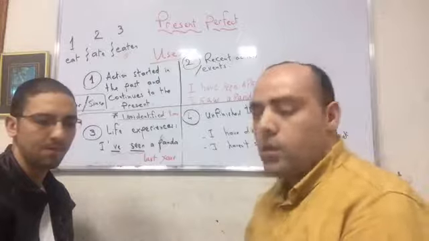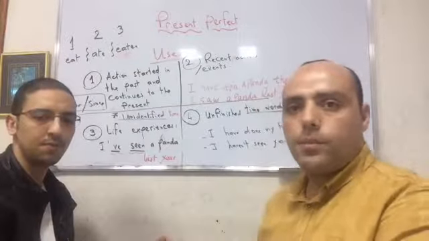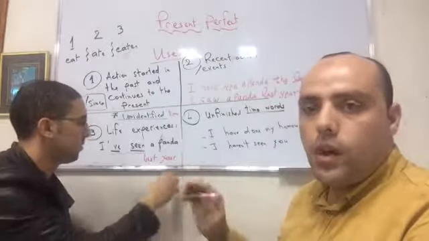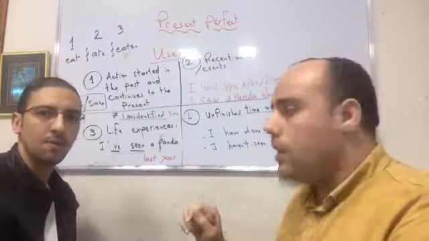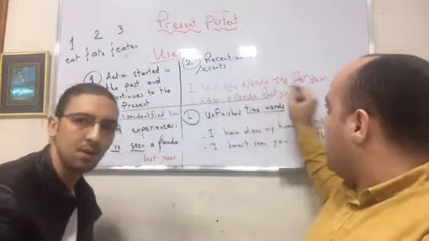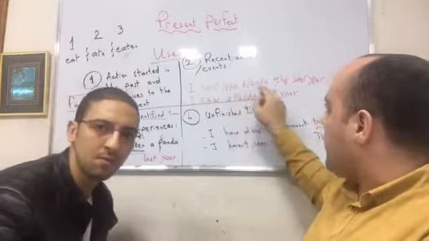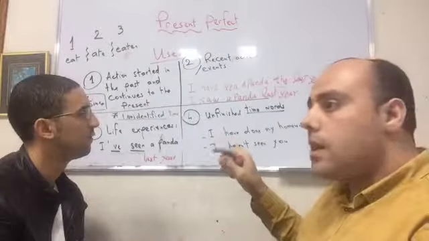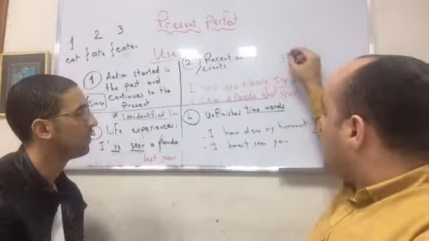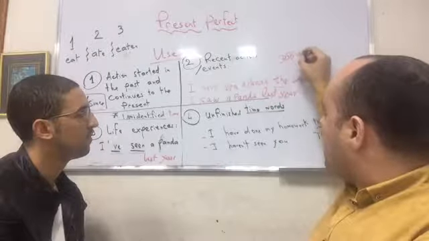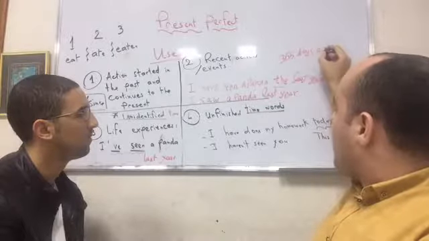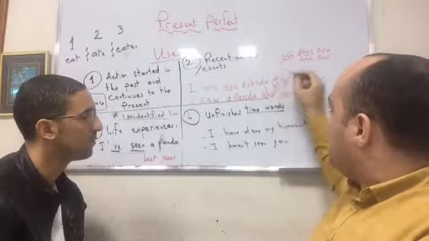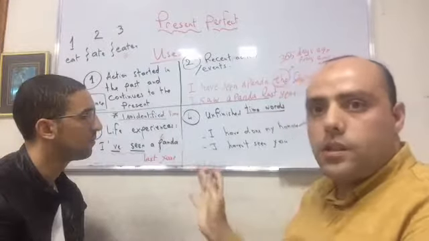Mr. Ahmed, I told you right now, in using the present perfect simple, we don't concentrate on the time. We don't identify the time. So here, for example, I have seen a panda the last year means during the last year, 365 days ago from now. So it is not a definite time.